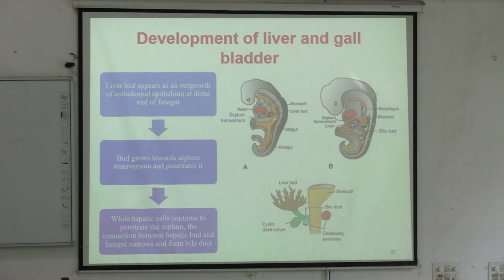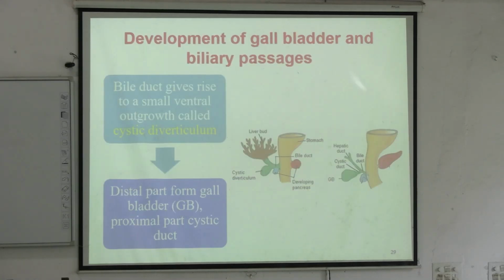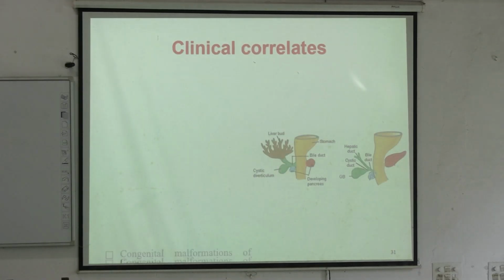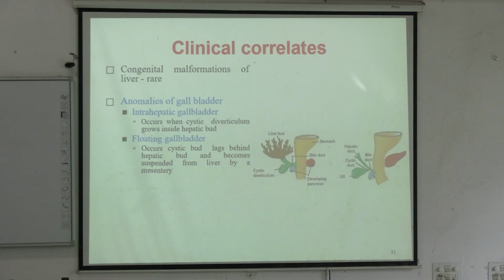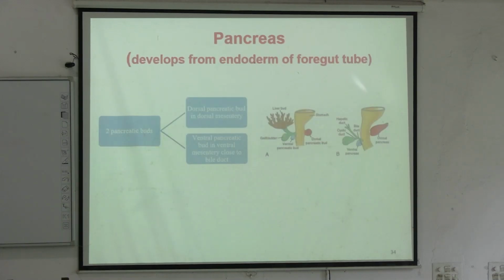The next thing we have to understand is the problem with pancreas development, which is kind of important. Normally the pancreas develops from one bud anterior and one bud posterior. We call them the ventral and the dorsal pancreatic bud.